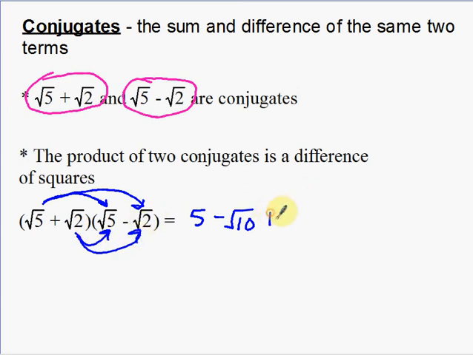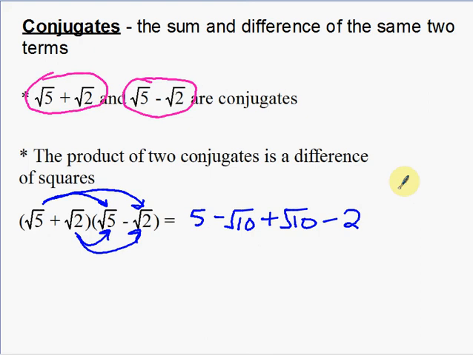And you'll see that we have positive root 10 and negative 2. Think about it, root 25 is 5, so that's where that 5 came from. And negative root 4 is negative 2. I skipped a little step there, but I think you guys are okay with handling that. We've done that a few other times.